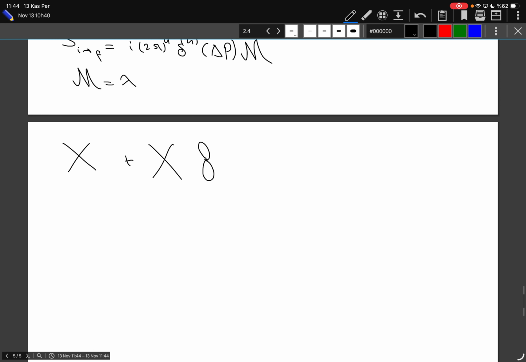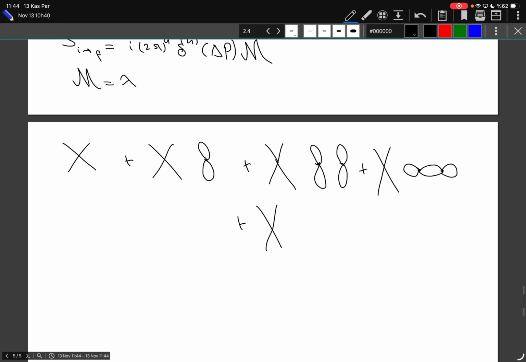Even in the next order, I will get this diagram and this diagram and this diagram. In the next order, remember, I have two vertices, two interaction vertices.